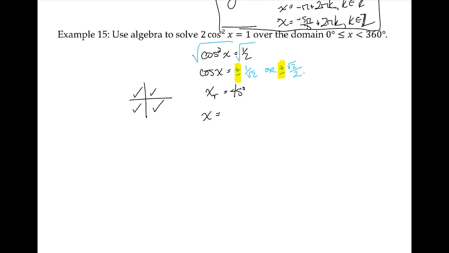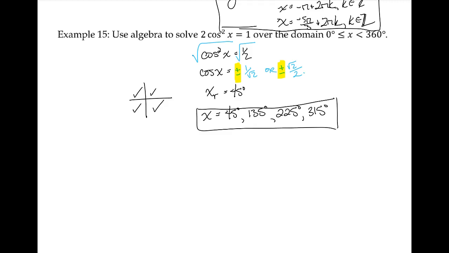So when it's positive, I would expect 45 degrees. But then I'm also talking about 180 minus 45, which would be 135. I'd also be talking about 225 and 315. And all of those are viable options, again because we introduced that square root, so we have to account for both the positive and negative square root.